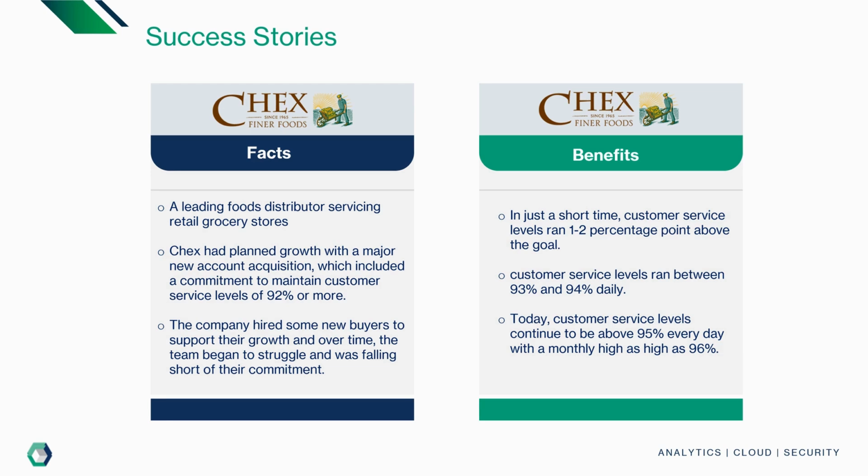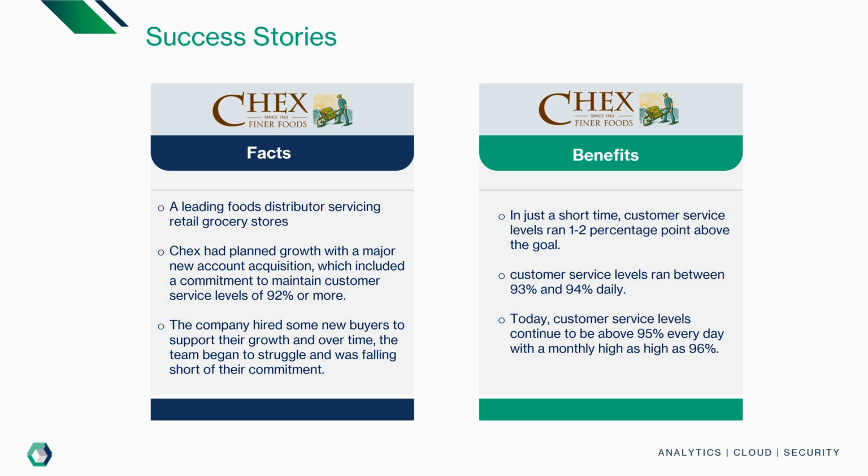Here we can see some successful use cases and success stories about implementing an inventory optimization solution. For example, a food distributor, in a short time, ran 1 to 2 percentage points above their 92% goal, between 93 and 94% daily.